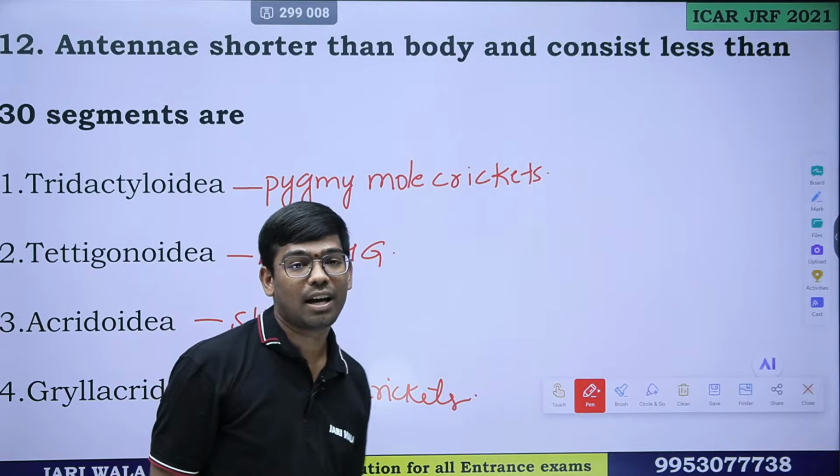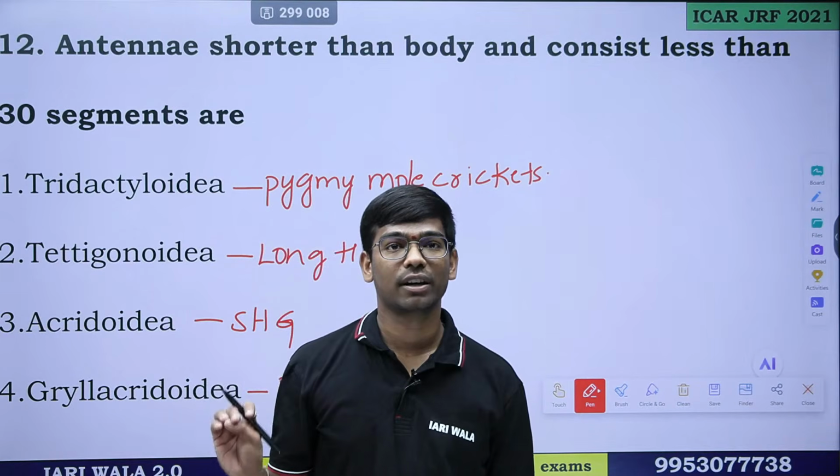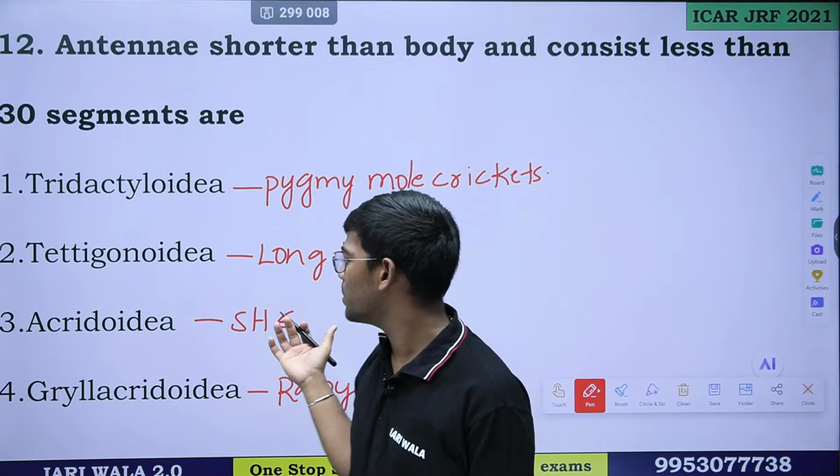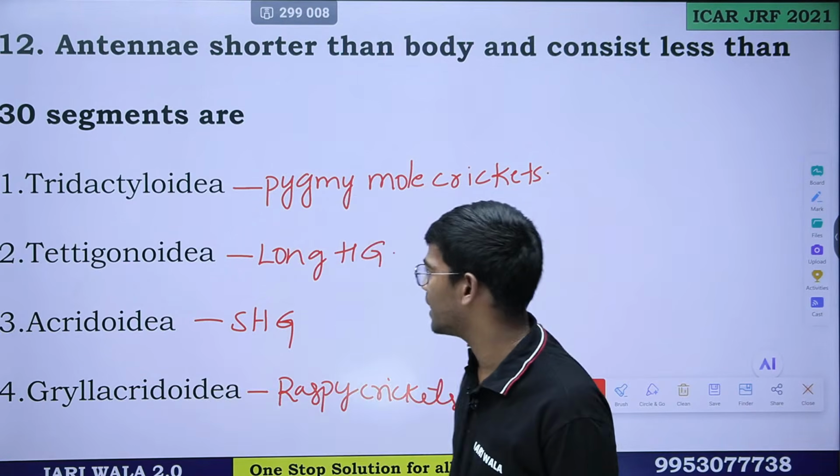So these are the common names for 4 different families: pygmy mole crickets, longhorn grasshoppers, shorthorn grasshoppers and raspy crickets.